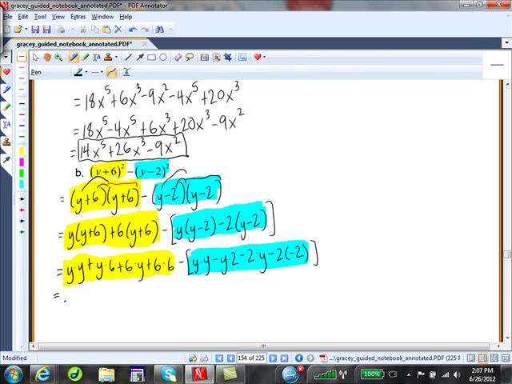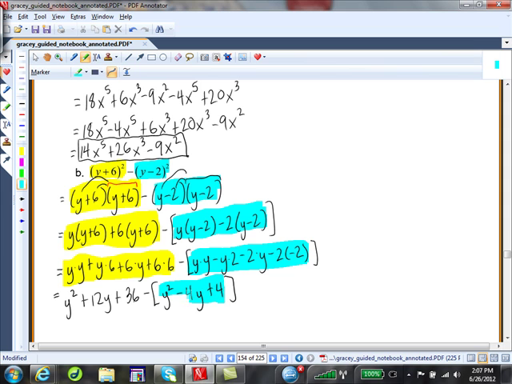So we will have y squared. We've got 6y plus 6y is 12y, and 6 times 6 is 36. Minus y squared, we have minus 2y is minus 4y, and then plus 4.